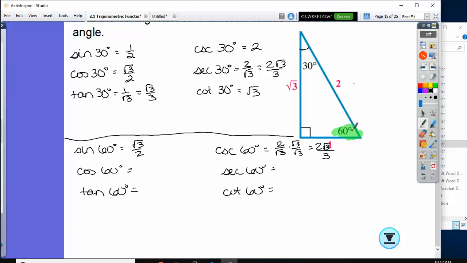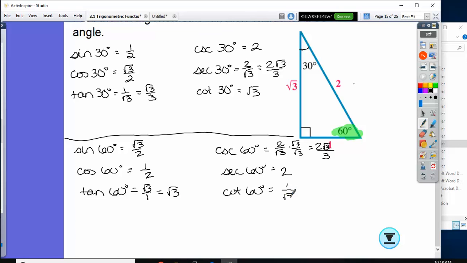Cosine, adjacent over hypotenuse. From my 60, my adjacent is 1, hypotenuse is 2. Secant then would be 2. Tangent from 60, TOA, opposite over adjacent, radical 3 over 1, which is just radical 3.